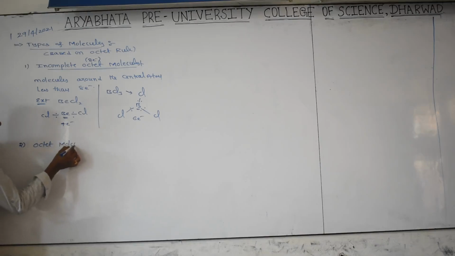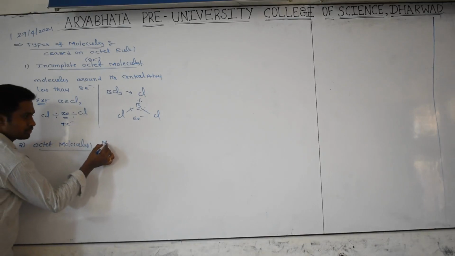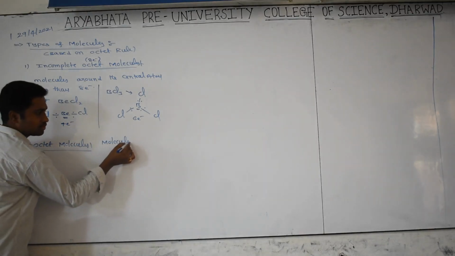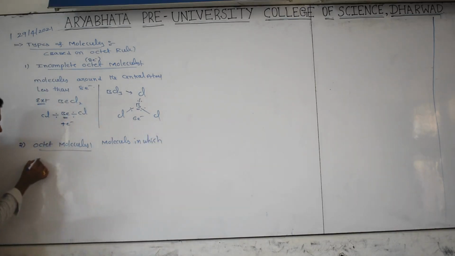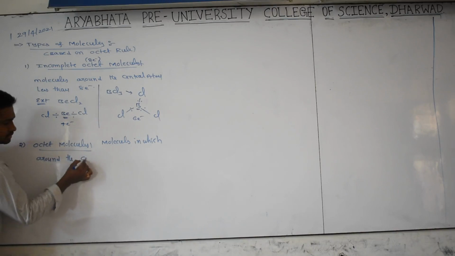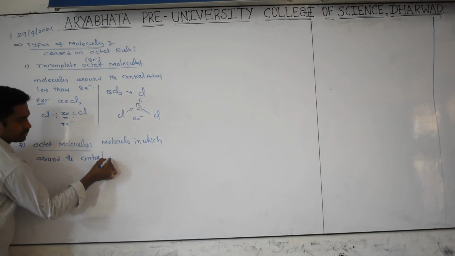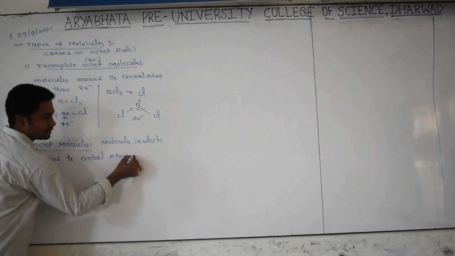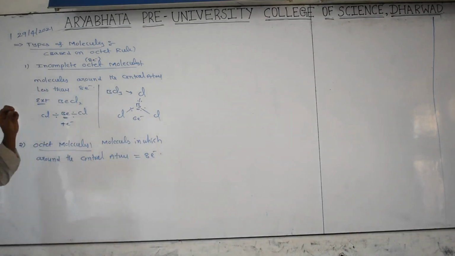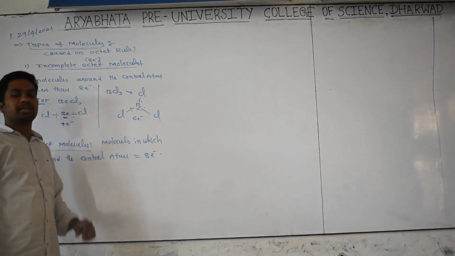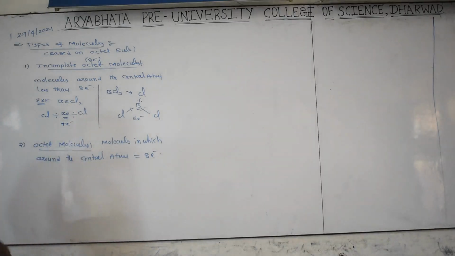The second category is octet molecules. What is the meaning of octet molecules? It is a molecule in which around the central atom we have exactly 8 electrons. Exactly 8 electrons should be there around the central atom in a molecule; that is called an octet molecule.